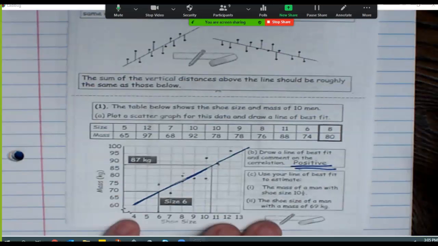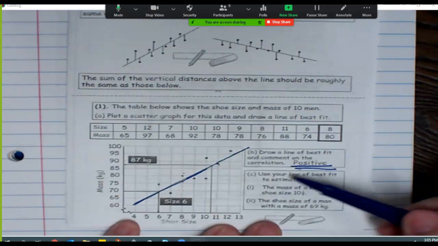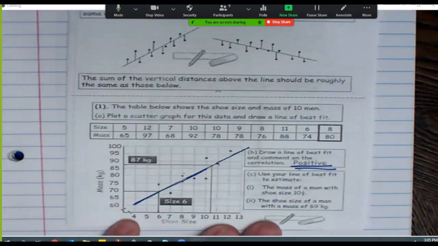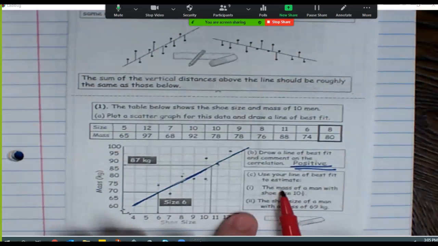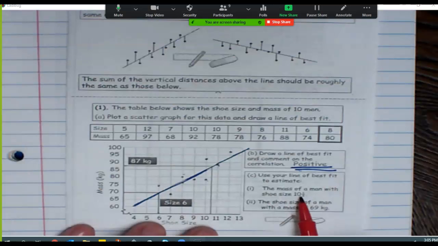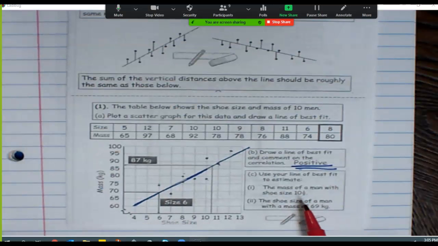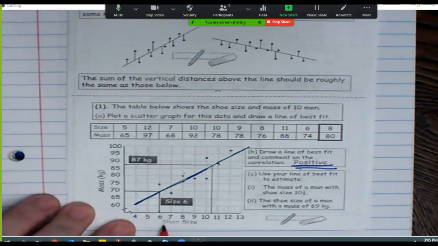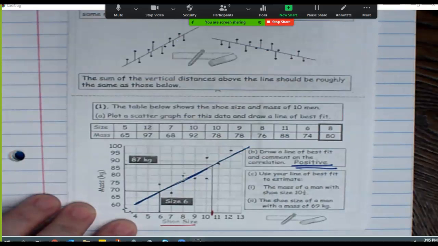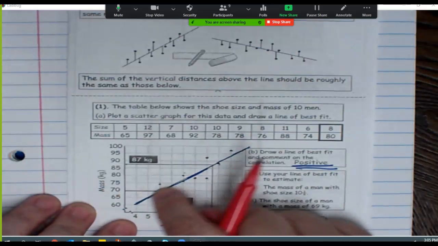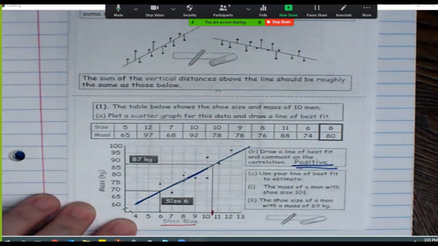Well, let's look at problem C. Use the line of best fit to estimate. The first thing they want to know is what is the mass of a man whose shoe size is 10.5. Well, I'm going to find shoe sizes on the x-axis. So 10.5 is going to be between 10 and 11, right? I use that line of best fit to estimate.